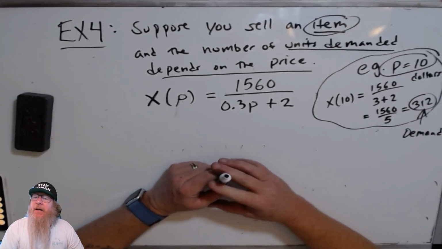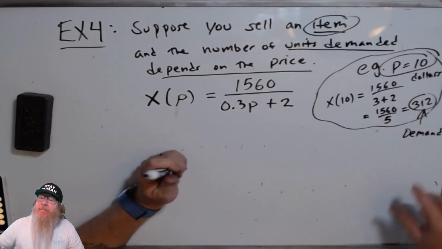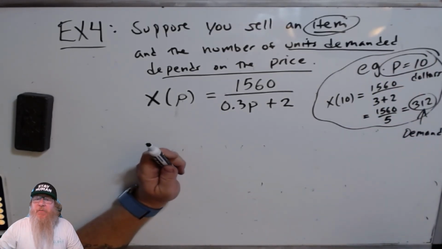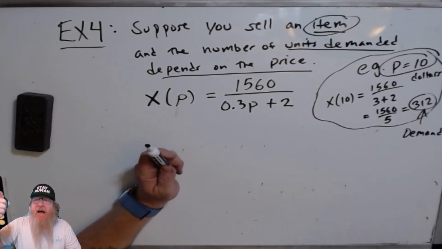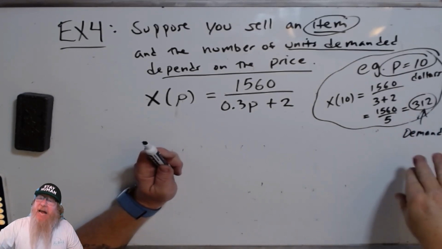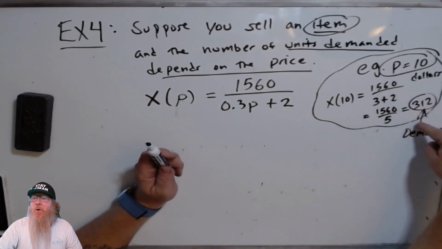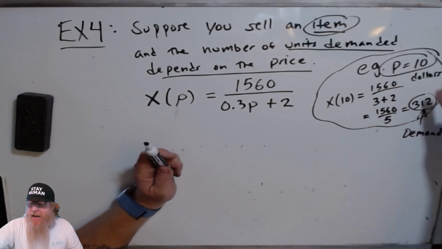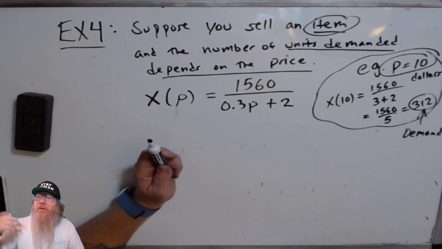$10 a piece. Again, if this was not calculus, I would probably make you have a chart where you went 1, 2, 3, 4, 5, 6, 7, 8, 9, 10, and you'd see that as the price goes up, the demand goes down. If you only had one item, you would sell more of them. I mean, if the price was only $1, you would sell more than 312.